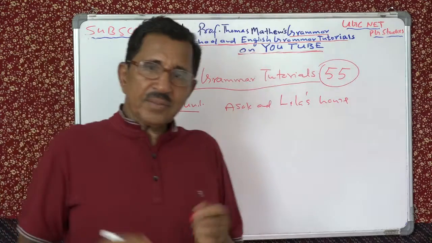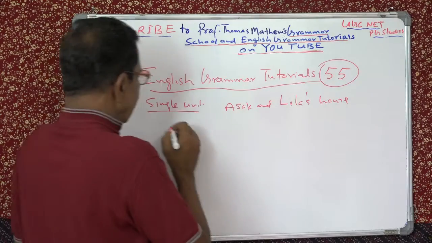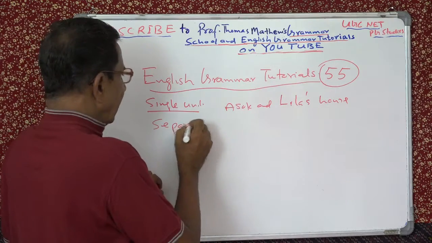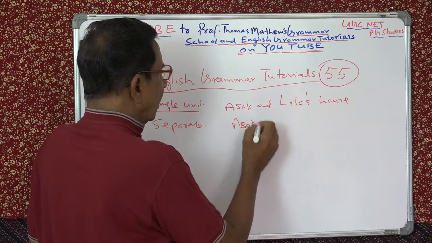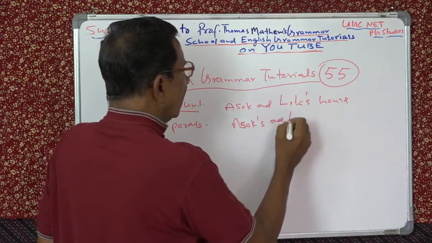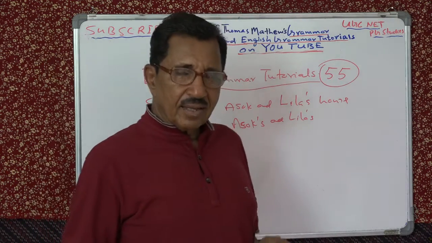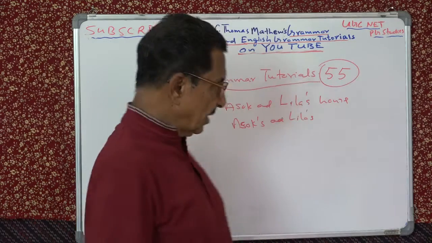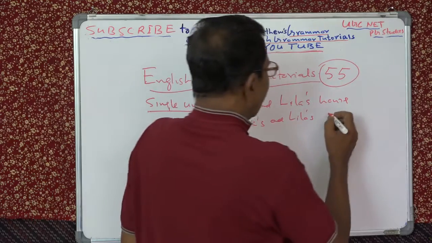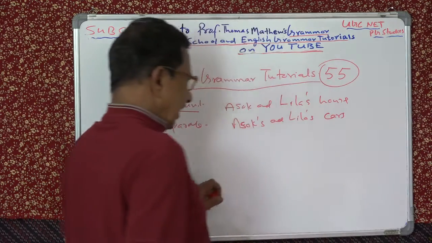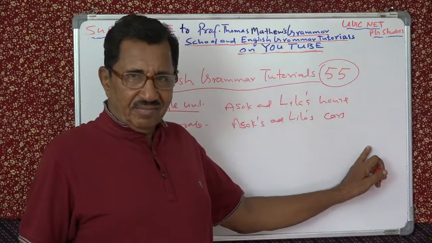Suppose the same thing can be separate. They are friends. If it is separate, what will you do? You say Ashok's and Laila's cars, if each one has a car.